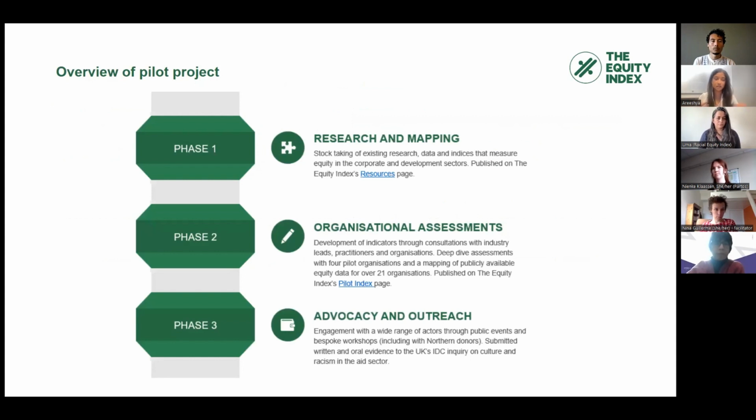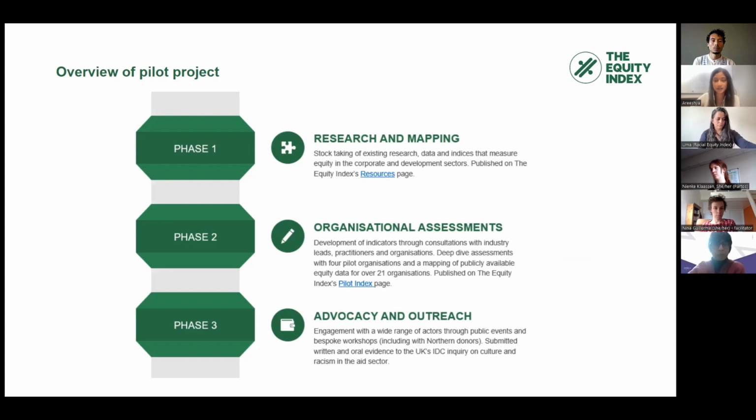So in the next slide, I'll touch on our pilot for the Equity Index. Between July 2020 and June 2021, we embarked on a pilot project using a £20,000 grant from the Joffrey Trust, with a focus on the UK development consultancy sector. This ranged from small consultancies to larger corporate companies. Our overarching goal was to demonstrate a new and impactful way of measuring equitable practice within and across development organizations.